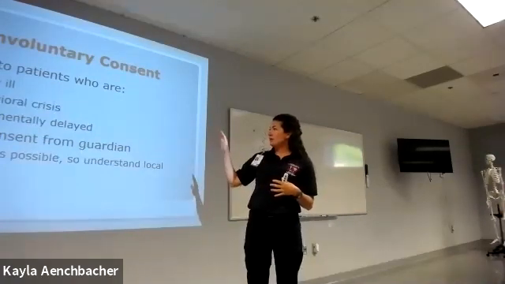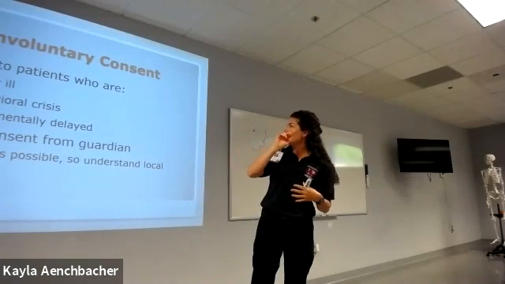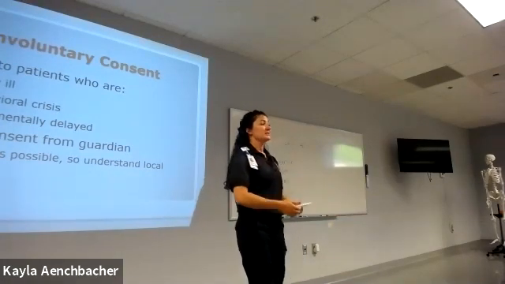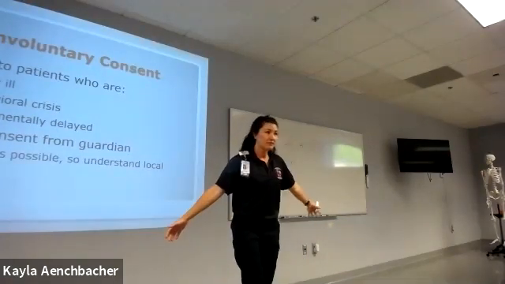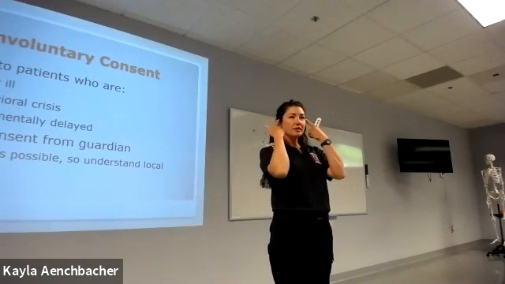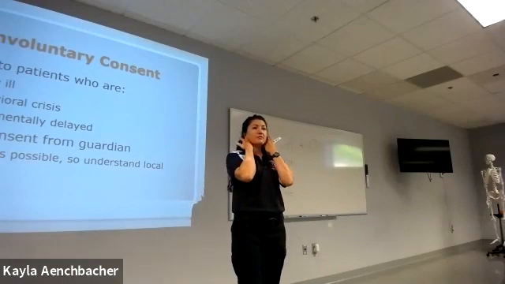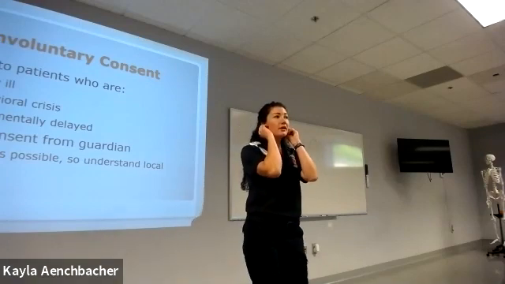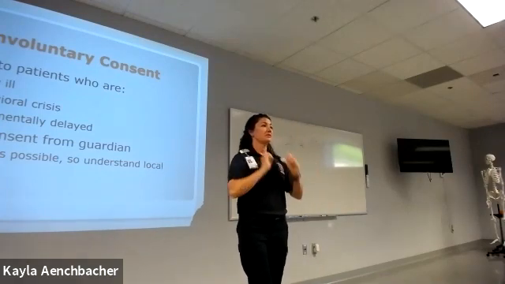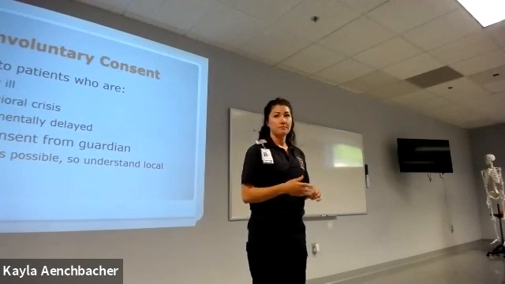Mentally ill, maybe behavioral crisis, or maybe developmentally delayed, maybe a minor, okay? I can come on scene, and let's say I have a 35-year-old man who lives alone at his apartment, has no cognitive disabilities, and a friend calls 911 and says, hey, my friend just texted me this, said that they're going to go kill themselves, they're going to go harm themselves. I need you guys to go check up on them.